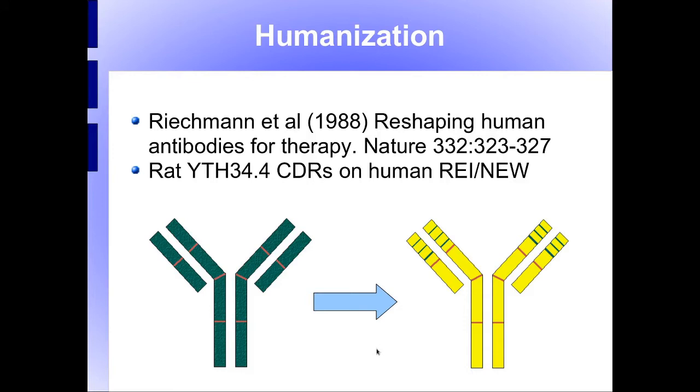This was first done for a complete antibody, looking at both light and heavy chains, where the antibody was binding to a protein. It was first done by Reichmann et al. in 1988 in a paper published in Nature, where they took the CDRs from rat and grafted them onto human frameworks.